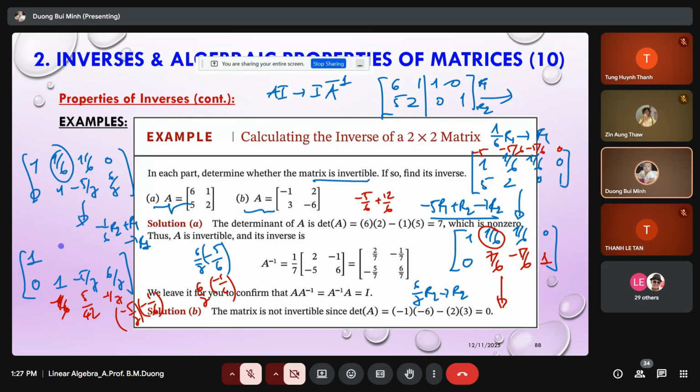So here you get 0, and here you have 5 over 42 plus 1 over 6, that means 7 over 42, so you get 12 over 42. So how many do you get?